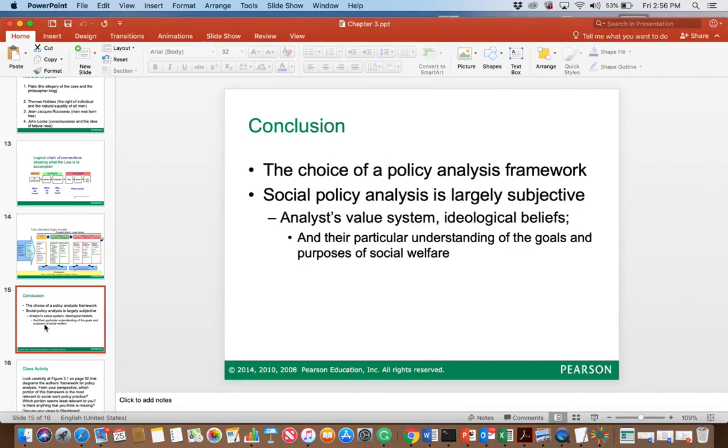It depends on the analyst's value system, ideological beliefs, and their particular understanding of the goals and purpose of social welfare. In other words, once you learn about this class, learn about the purpose of the goal of the policy, how the goals of policies are established or set, how they are evaluated, and how then do you determine whether it was a good policy or a good law or not a good law.